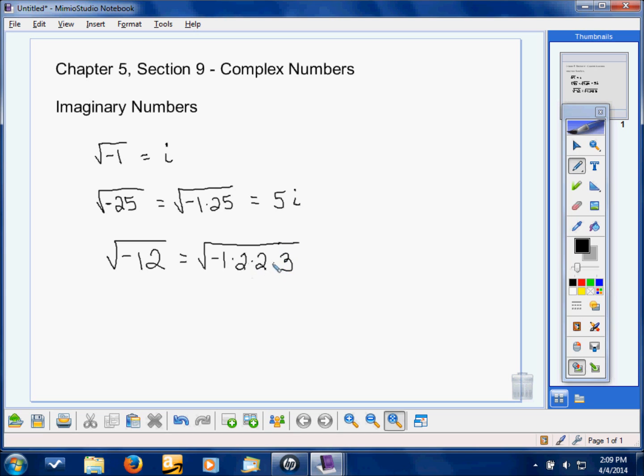So you have several things going on here. You want to deal with the whole number part you can pull out first. How much is that? That's going to be 2. Then you want to deal with the imaginary part, and then you deal with the leftover root.